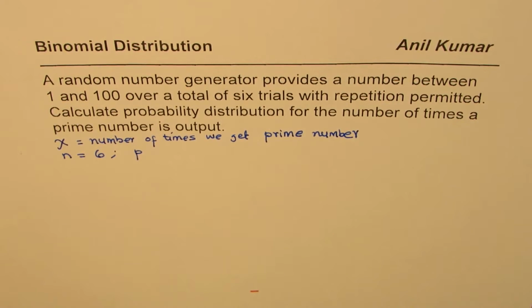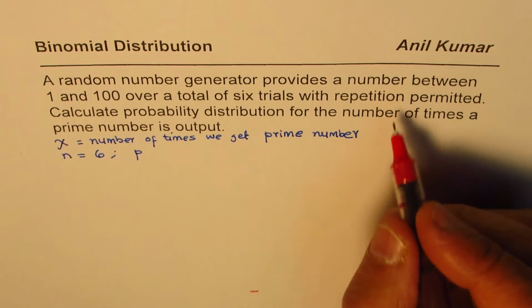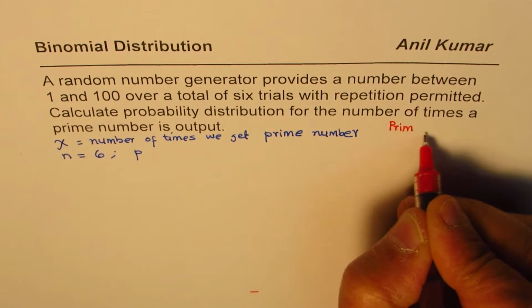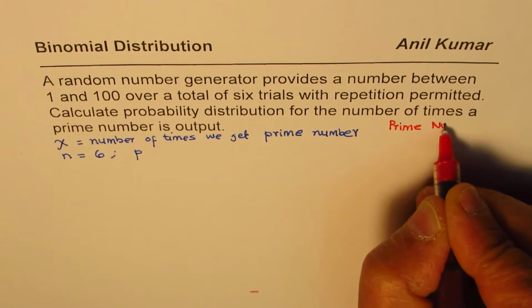Now, how many prime numbers are there? There are actually 25 prime numbers. Let me list them out for you.